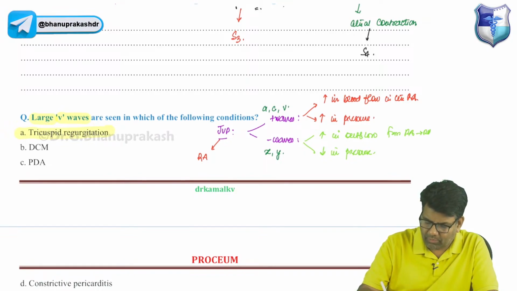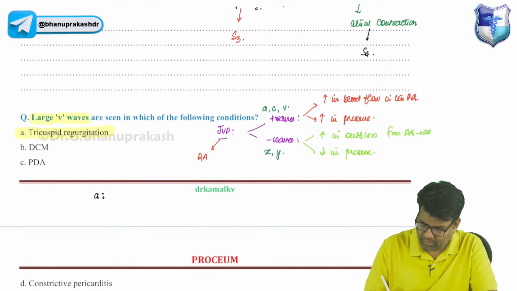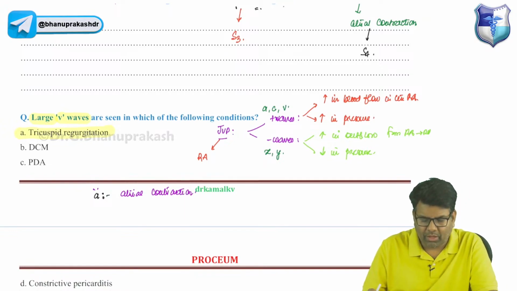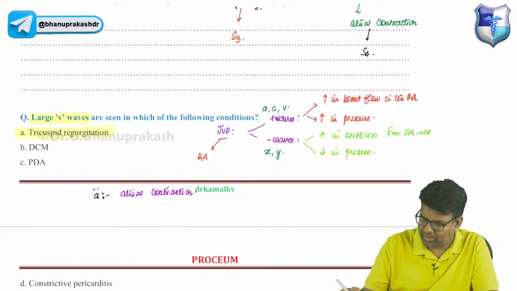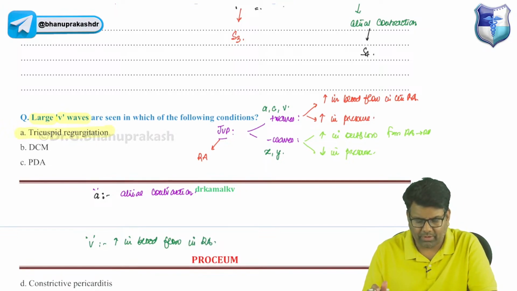Now what is the reason for positive wave A? A is because of right atrial contraction. Then we'll take V first. V is because of increase in blood flow in the right atrium.